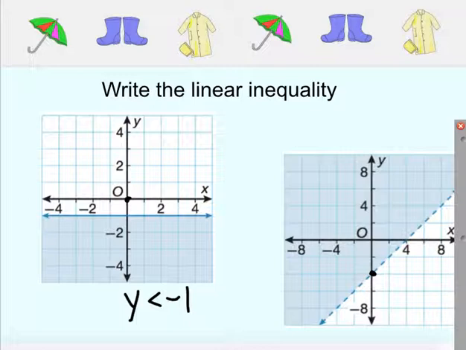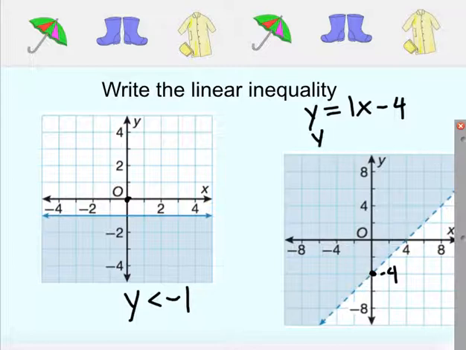All right, and this one here, our normal equation would be, well, we have this point right here, and it looks like it's at -4 based on the labels here. So we would have a y-intercept of -4 and a slope of 1. So we would say y is normally equal to 1x minus 4. But in this case, it's an inequality, so we ask, is 0, 0 part of that solution? So let's try it.